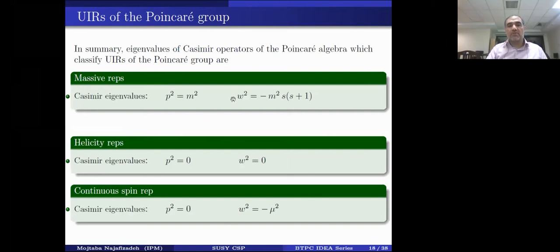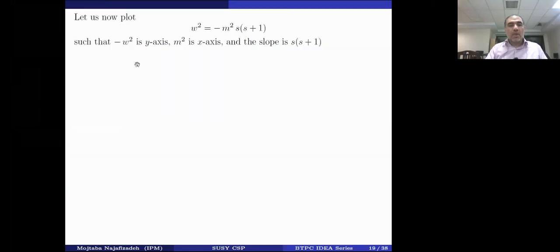For massive particles, we have these eigenvalues for helicity representation, and these for continuous spin representations. Let us plot this function such that minus omega square is in the y-axis, and m square is x-axis, and the slope is s by s plus 1.